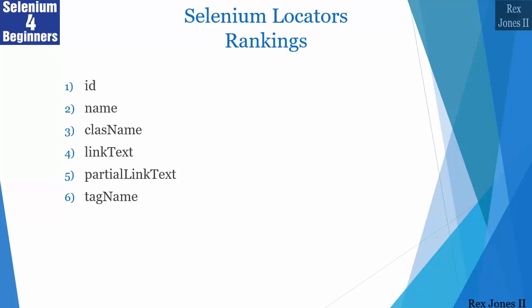Therefore, if text can change on a page, and it's also possible for ID, name, or class to not be available, what should we use? We should use any one of the most powerful Selenium locators, XPath or CSS selector.